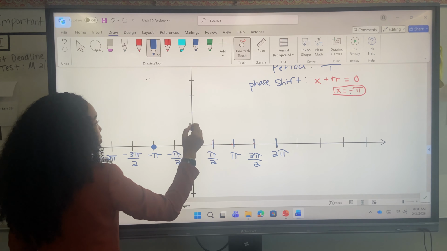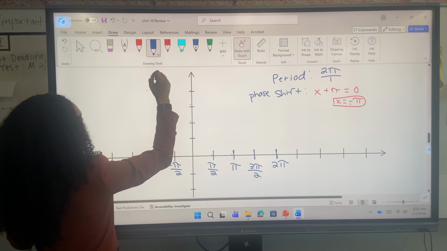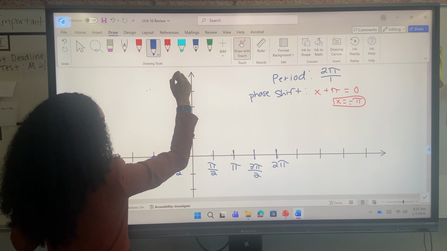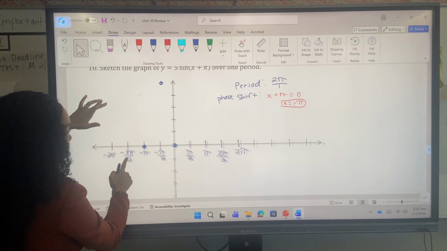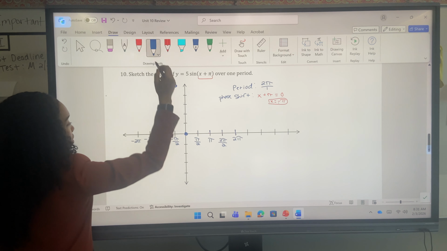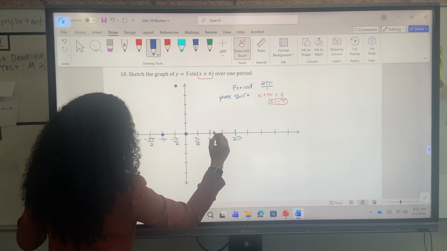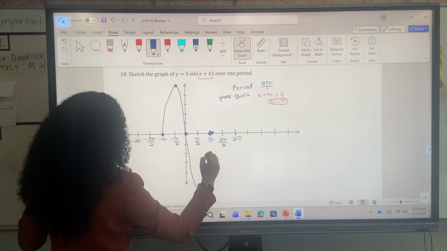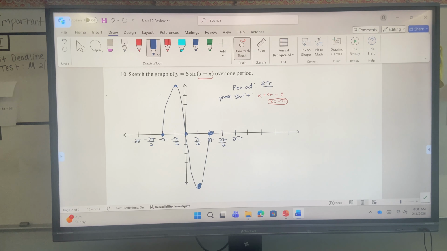So up 5, 1, 2, 3, 4, 5, right here. Back to the midline. Let me zoom out some. And then down 5 and back to the midline. So this is your sine graph. Your amplitude is 5. It vertically stretched 5.